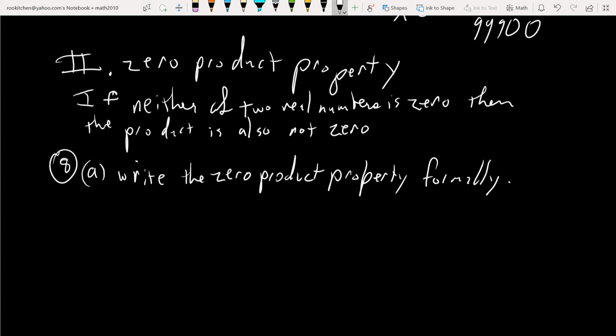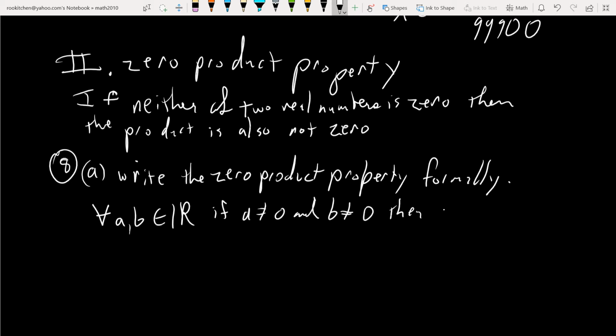So for all a, b in the real numbers, if a does not equal 0 and b does not equal 0, then a times b does not equal 0.